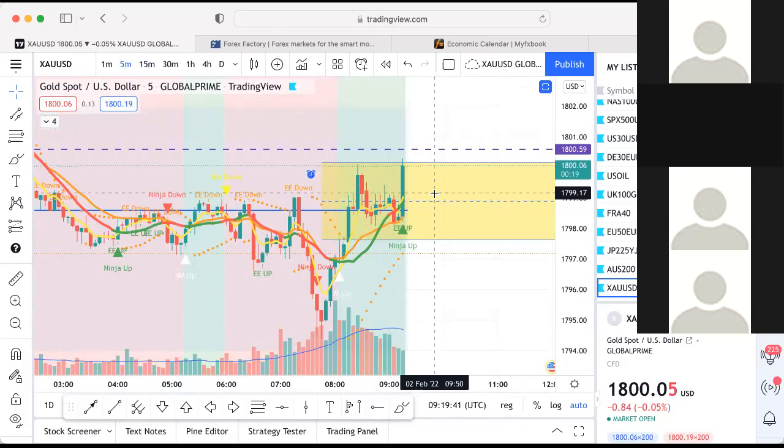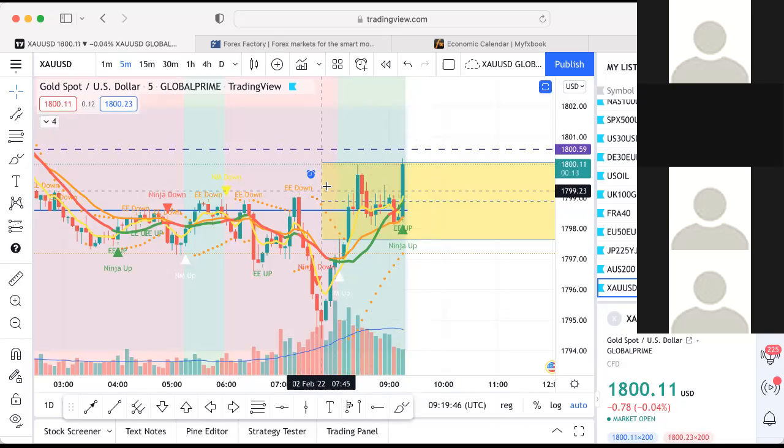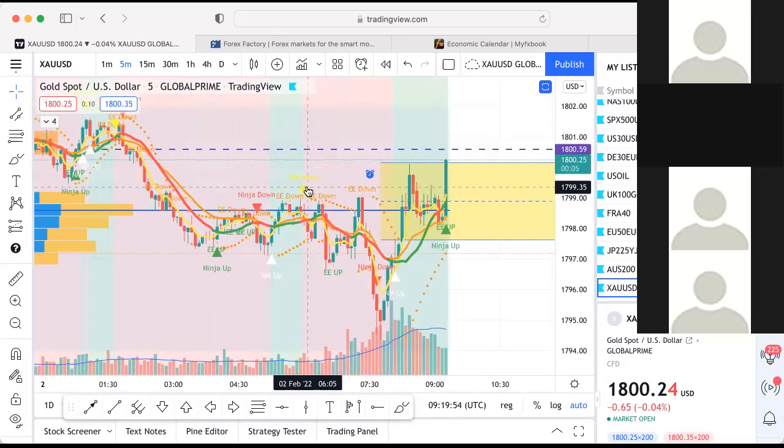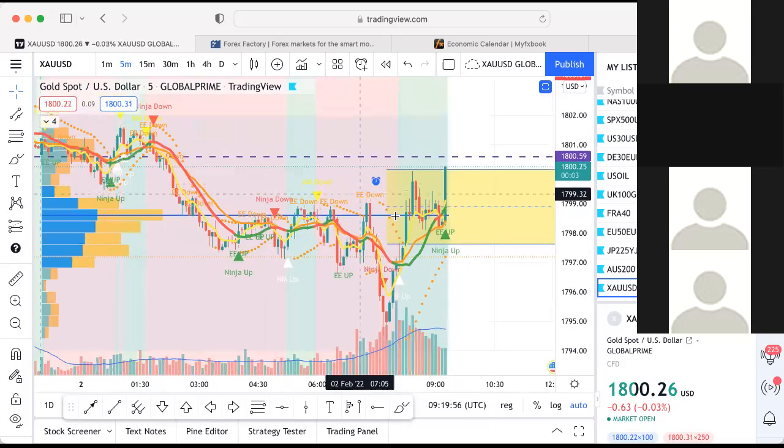Is that your parallel box there? Is that based on yesterday's value range area? Oh, is this today's one?